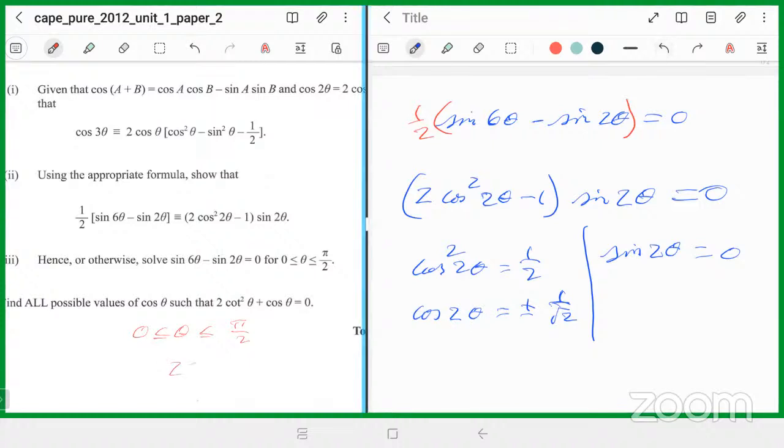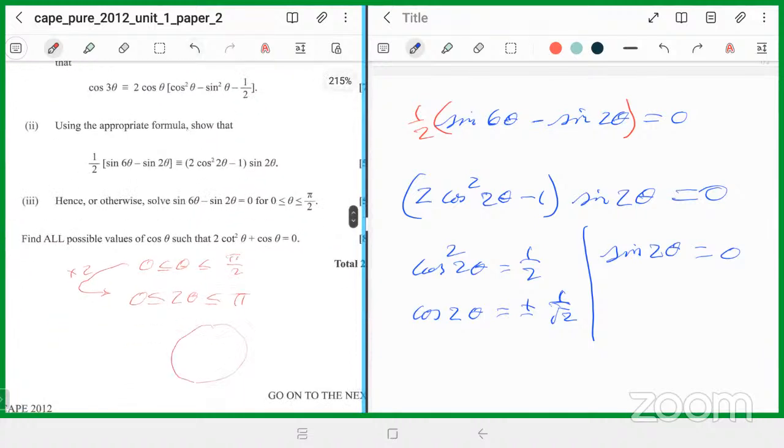So 2 theta is going to have to be between 0 and pi. I multiply this range by 2 to get the range I need to find 2 theta in. So between 0 and pi means I'm working in the first 2 quadrants.